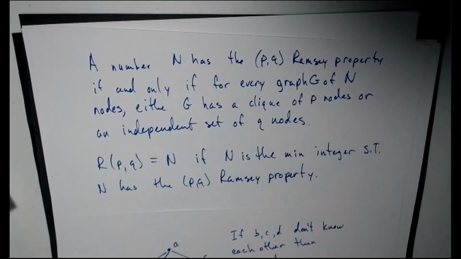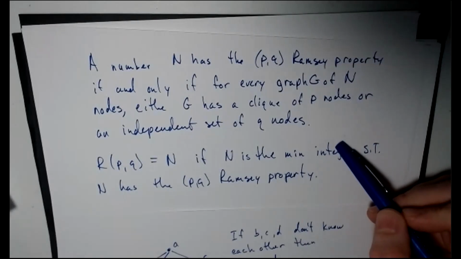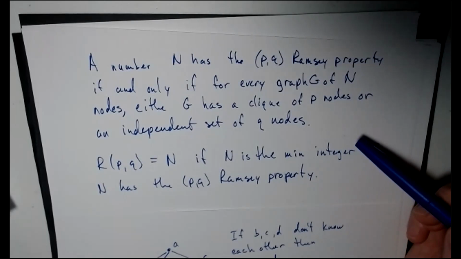So this notion of a clique of P nodes or an independent set of Q nodes is a really nice way to look at it. I'm not going to write out every other version, but I want to highlight a couple of them.